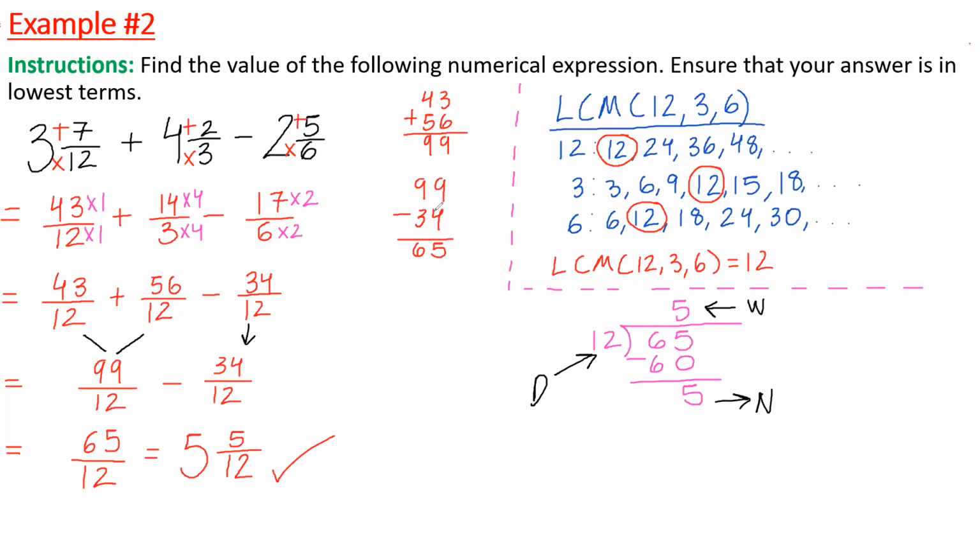And then after that, 65 take away 60 is 5. And we use the 5 at the top as the whole number. And then we use the answer we get from 65 and 60 as the numerator. And then 12 is our denominator. And that's the farthest it can go. We can't simplify it no more.